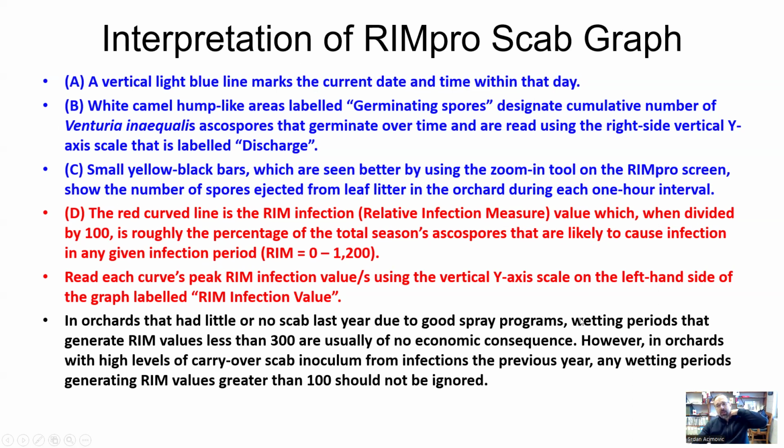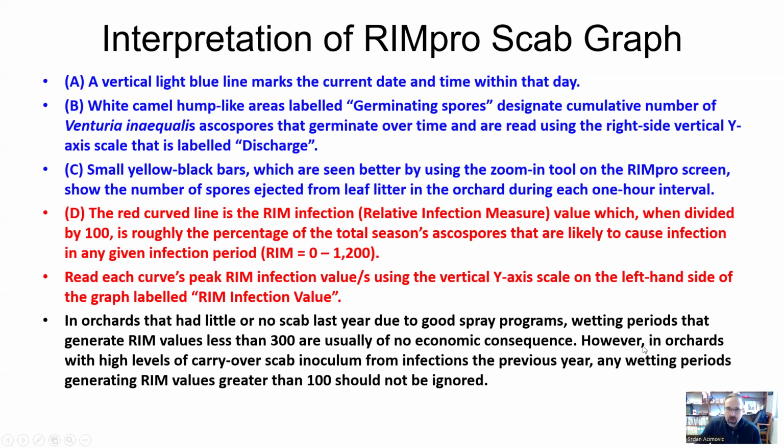In this case, the next year, if you have rain events that generate a RIM value, or relative infection measure, of 300 or less, you probably will not have any economic consequences from that. So anything below a RIM value of 300, if your orchard was clean last year, you would not need to apply fungicides.